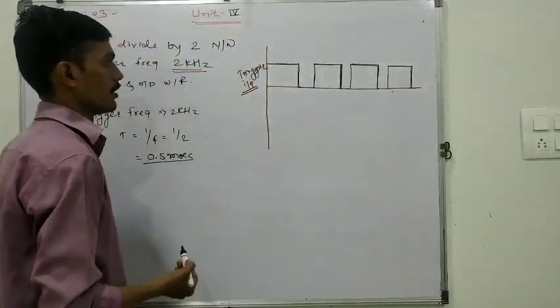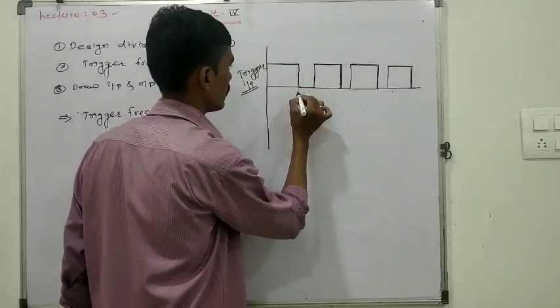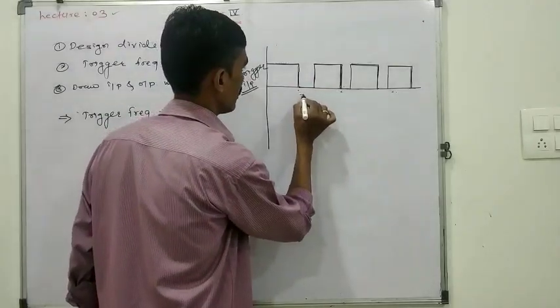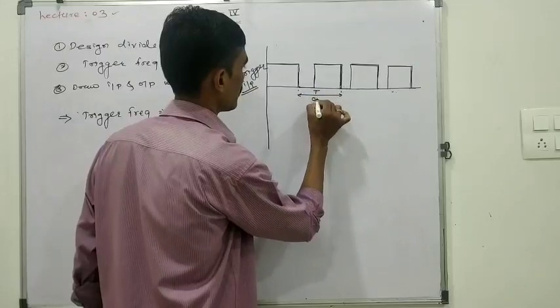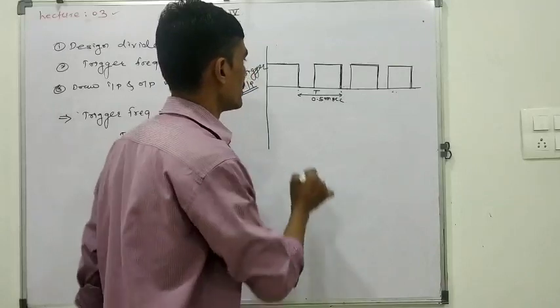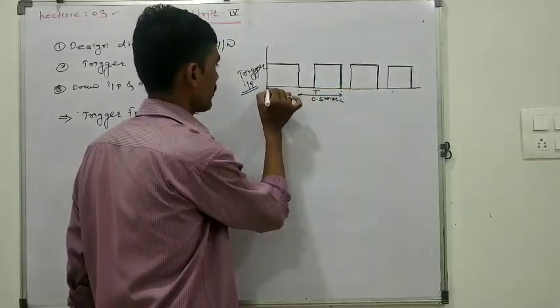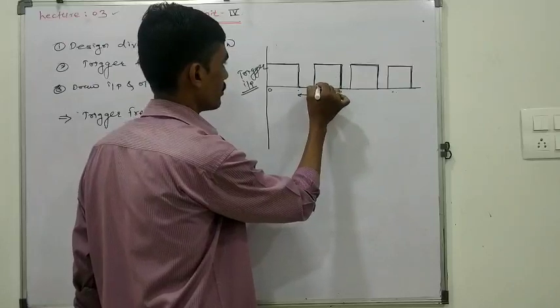Here I'll start from this to this. This is nothing but the single T, and it is 0.5 millisecond. So basically, if I am considering this is 0, then at this point it is 0.5.